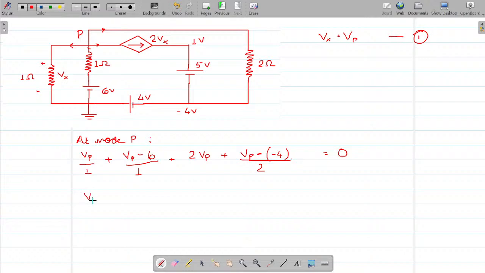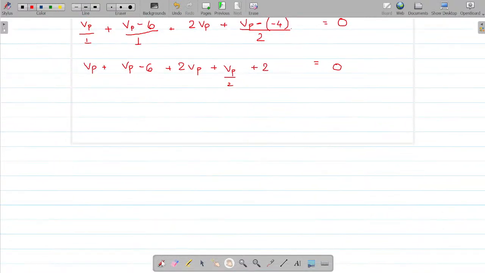Vp plus Vp minus 6 plus 2 Vp plus (Vp minus 4) by 2, this would be plus 2, equals 0, right? So this makes 5 by 2 times Vp.